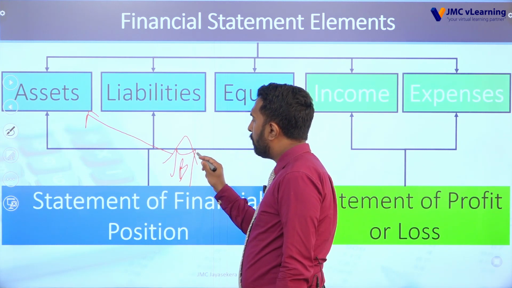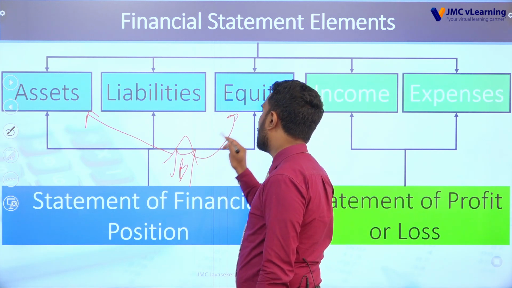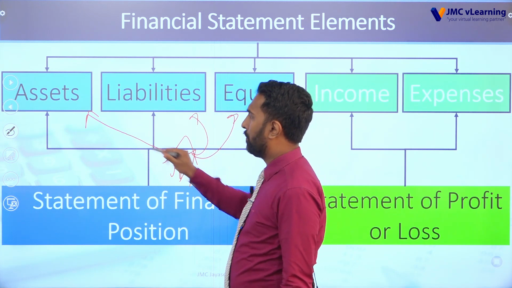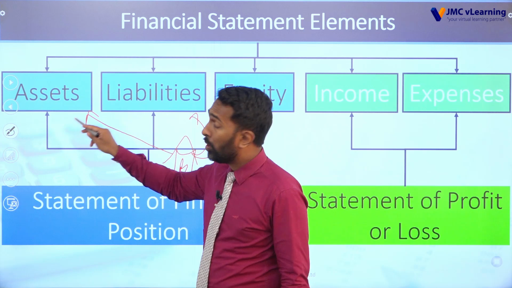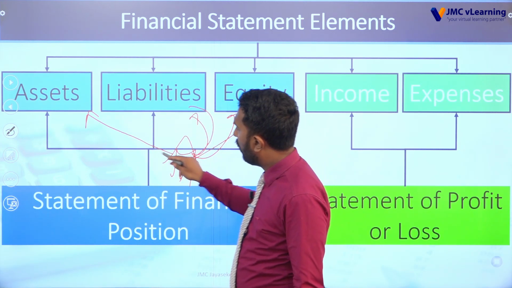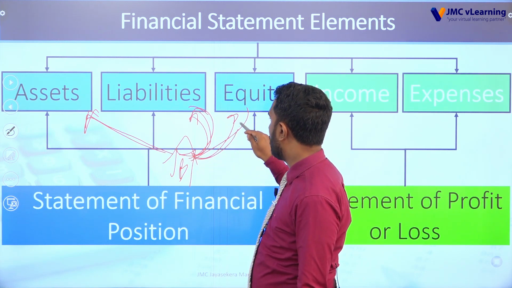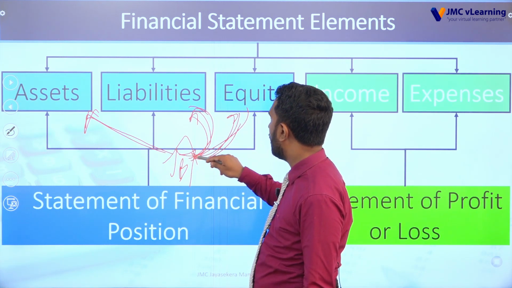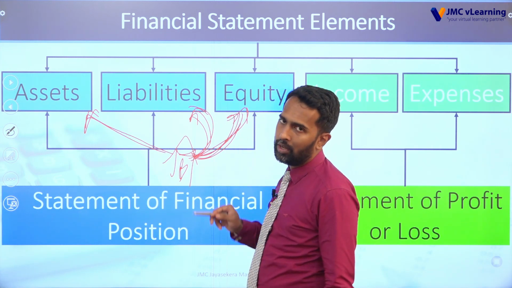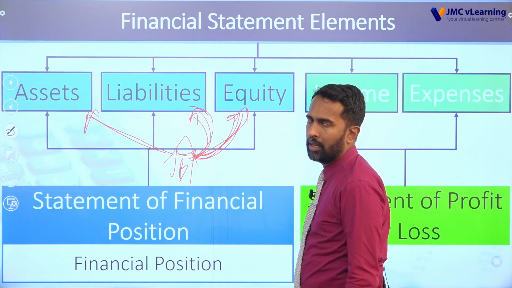And what is the commitment towards the owners and to the external parties? We purchase these assets through the money given by either the banker or the owner. So how much of assets are there, how much of commitment back to the bank or the lender or the external party, and how much of commitment is there to the owner. This is what we call the financial position.